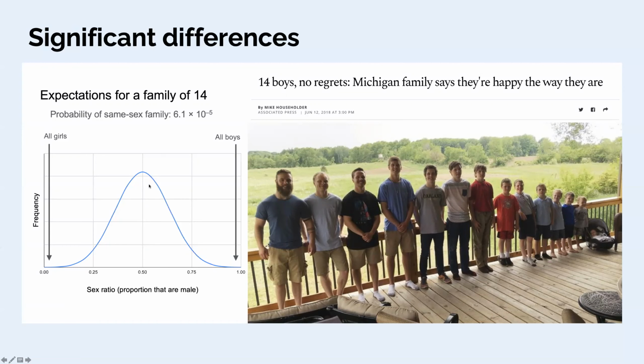And as we get farther away from that, it's less likely. So this is the frequency that these kinds of families would be observed. It's also the probability that you would run into such a family.